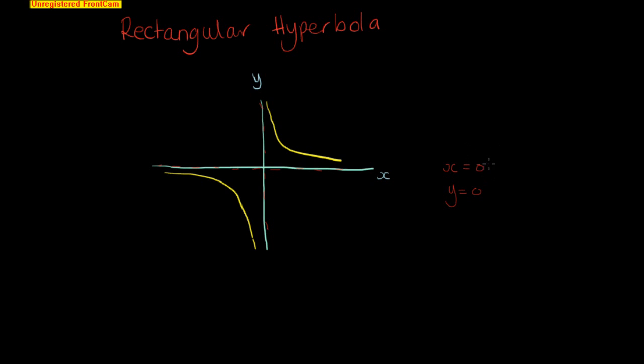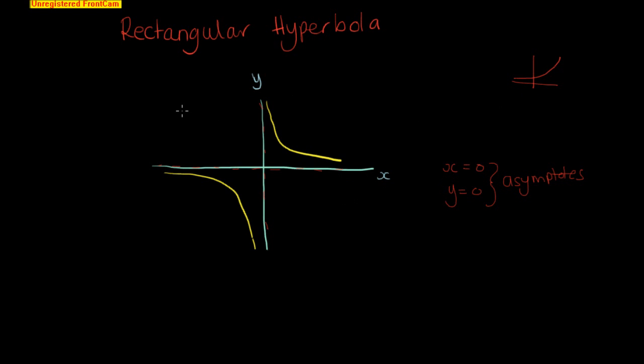So both of these are the asymptotes. Now an exponential, remember an exponential looks like this, had only one asymptote. The hyperbola has two, so it's just something to remember.